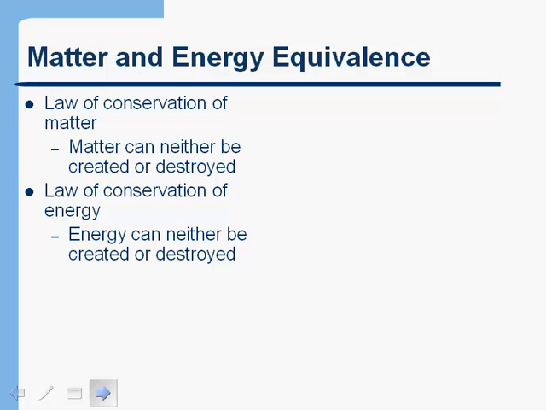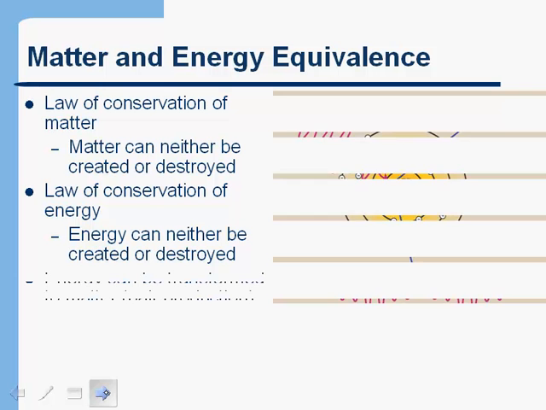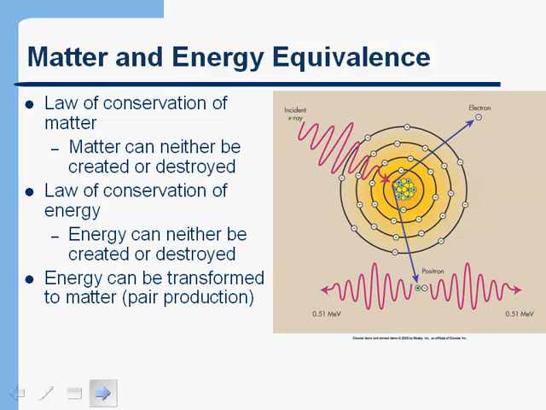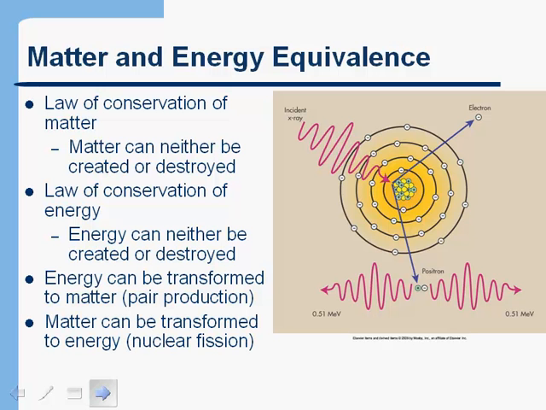Well, it turns out that that's what classical physics thought, that those two laws were true, and they are, except there's one exception, and that is that energy can actually be transformed to matter, and matter can be transformed to energy. And that's what Einstein's famous equation E equals mc squared is all about.